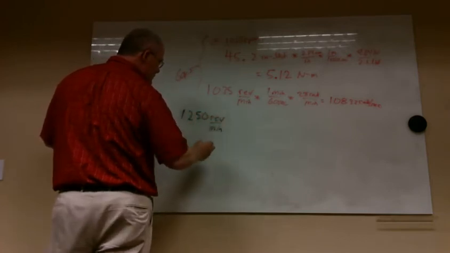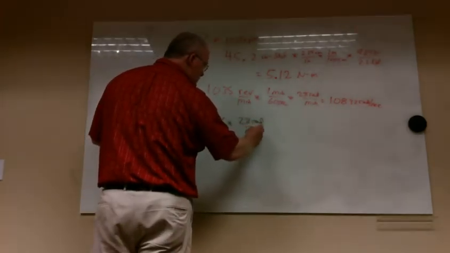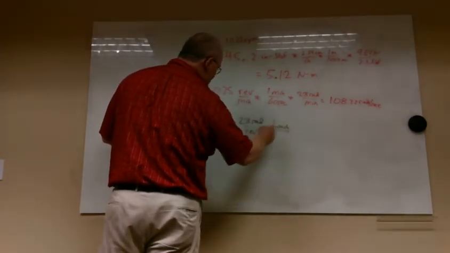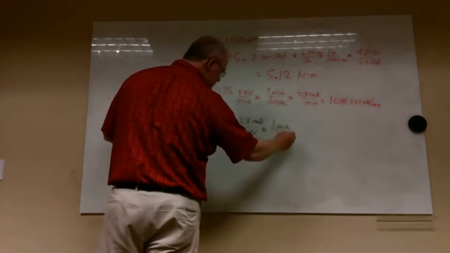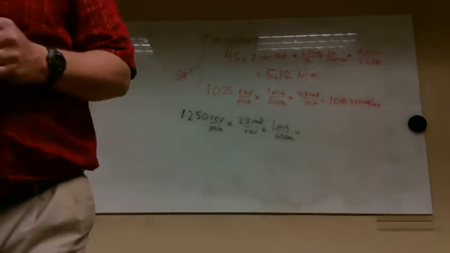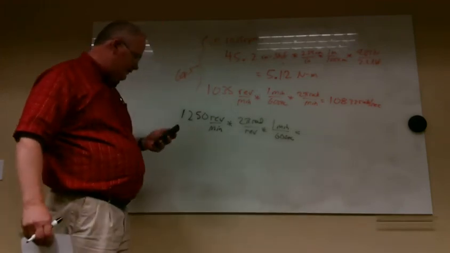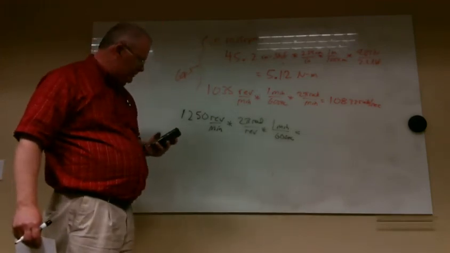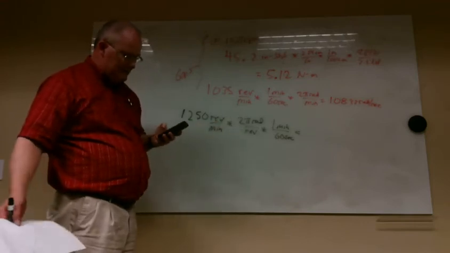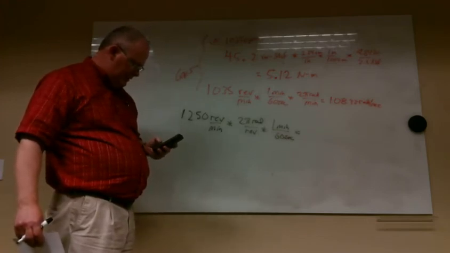1250 rev per minute times 2 pi radians per rev times, I keep getting that one backwards. And that's why I always put the minute per rev like that. Okay, so it's going to be somewhere on the order of 130 or so, maybe 135, because you're roughly dividing by 10. 6.28 divided by 60 is, what is it? 6.28, enter, 60 divided by, multiplying by 0.105.